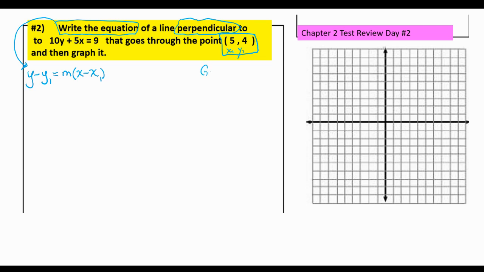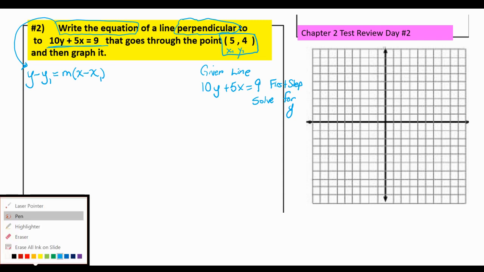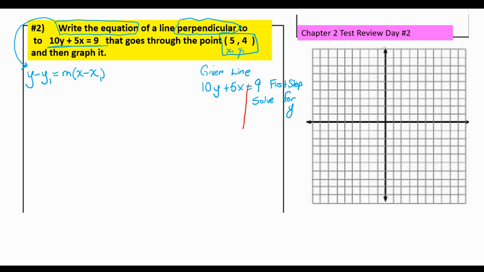So we're going to take the given or the indicated line, which is right here in the story. And we need to solve for y. So that's the first step. If we solve for y, we are going to subtract 5x from both sides.